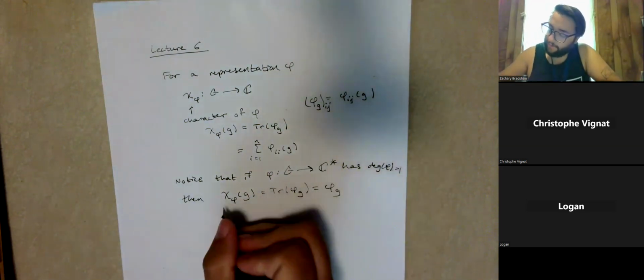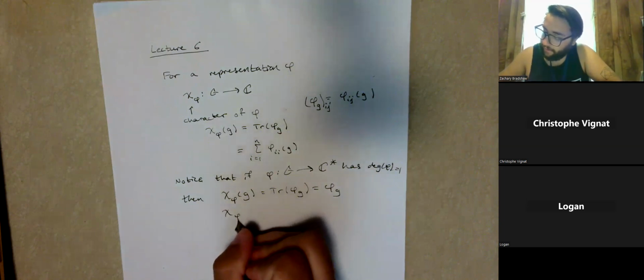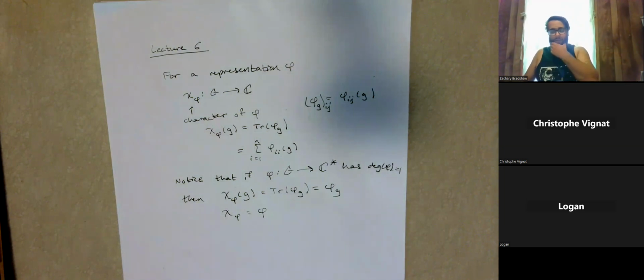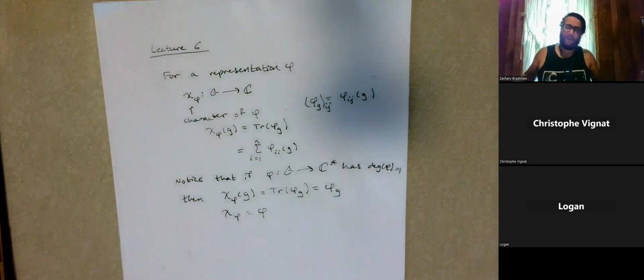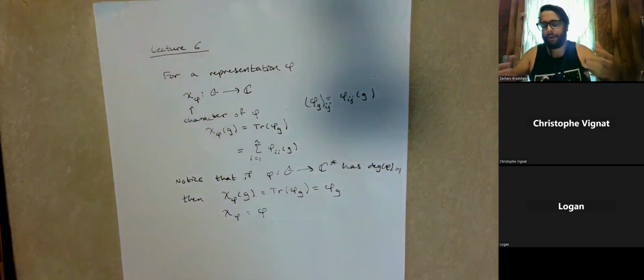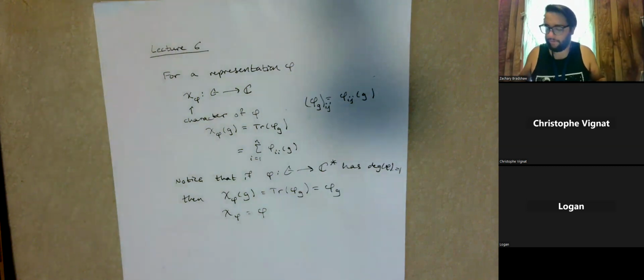So in this picture, the character is just the representation itself. So this kind of hints that there is information encoded in the character function.